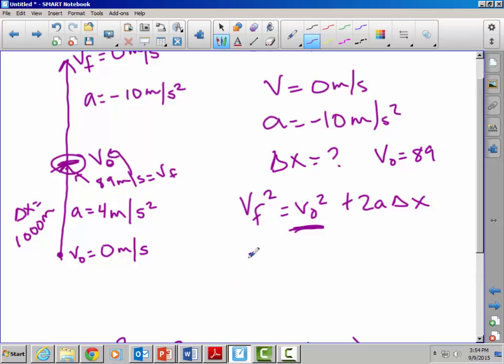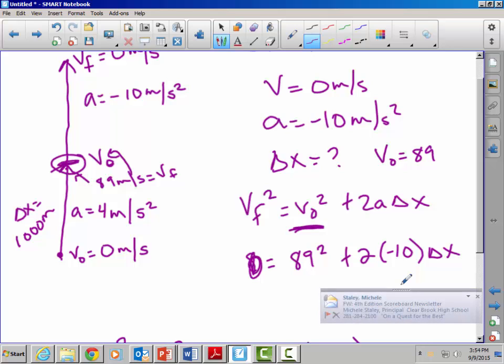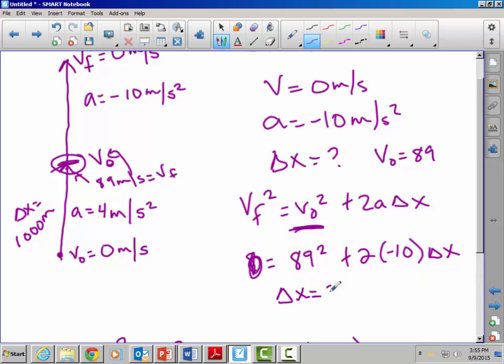So now we can do 0 equals 89 squared plus 2 times negative 10 times change in x. So now I'm going to do 89 squared divided by negative 20, or rather divided by 20 at this point, and that gives you a change in x of 396 meters.